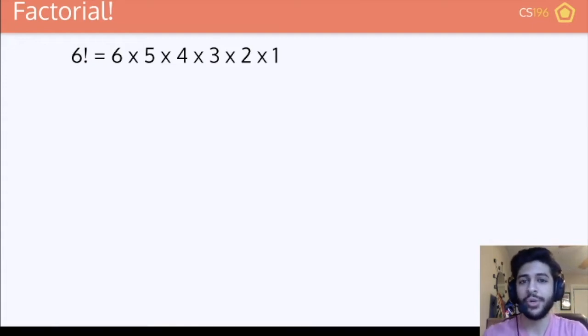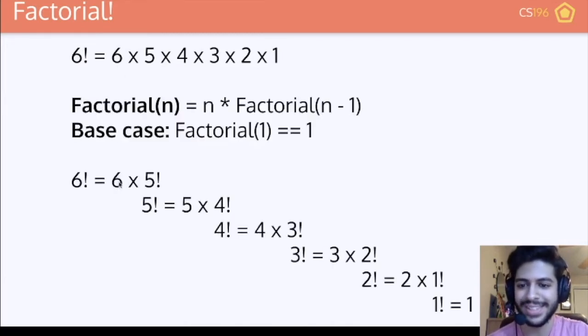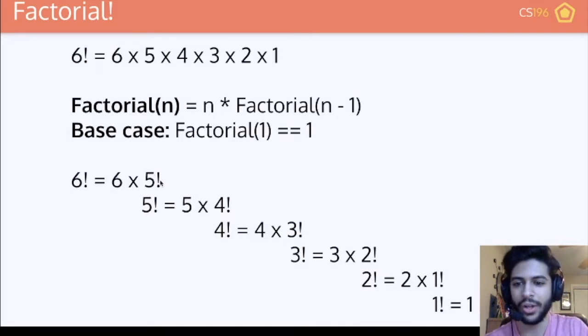You might notice that in this example, 6 factorial is also equal to 6 times 5 factorial. So instead of going all the way down to 1, you can just say 5 factorial is equal to 5 times 4 factorial, because 4 times 3 times 2 times 1 is in fact 4 factorial. You can see how this works in a recursive fashion.